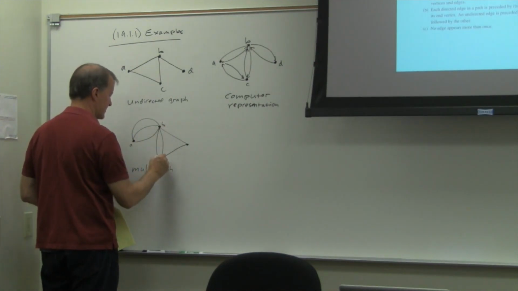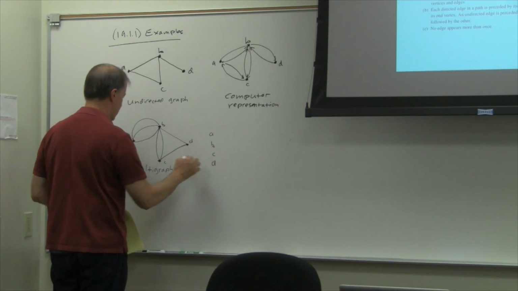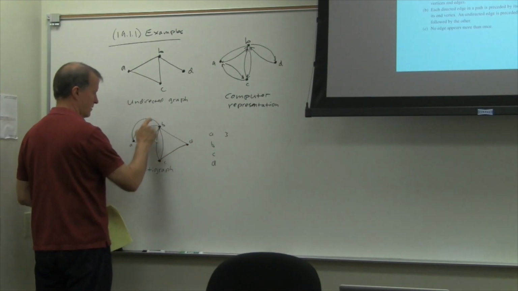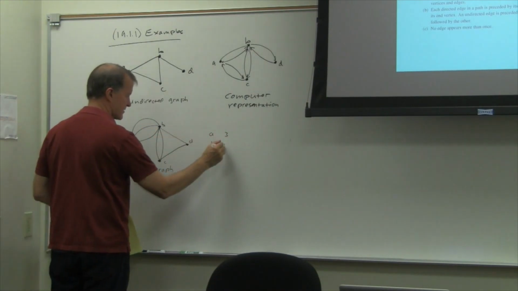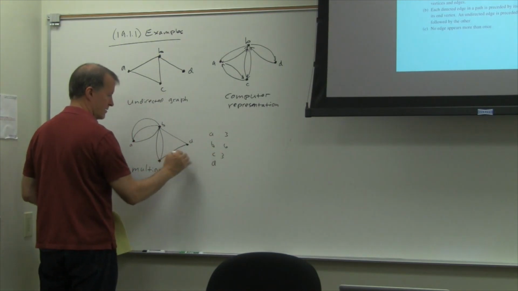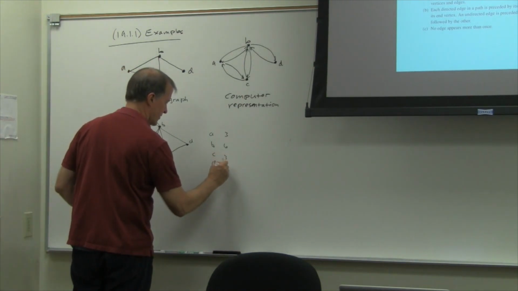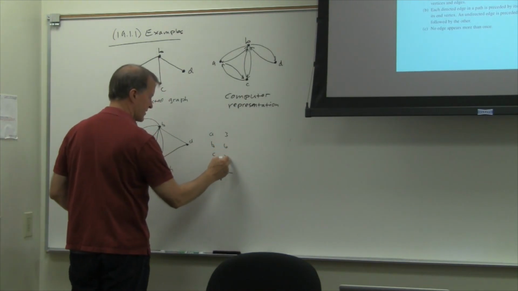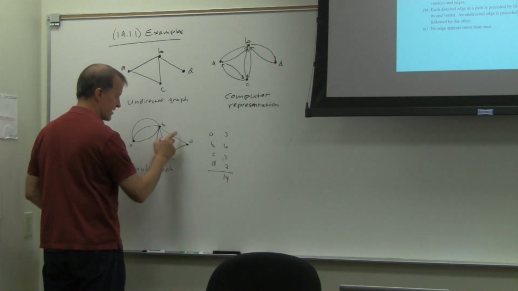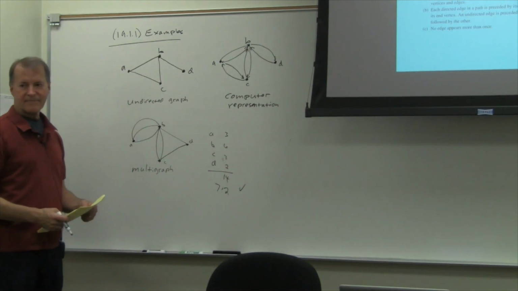A, B, C, D. So this would be what? 3, 6, 3, 2. Let's add them all up. 9, 10, 11, 12, 13, 14. Edges: 1, 2, 3, 4, 5, 6, 7. 7 times 2. Checks. Are we good?